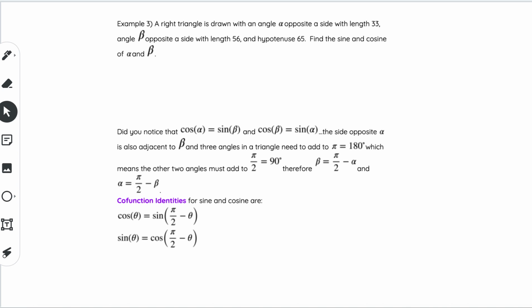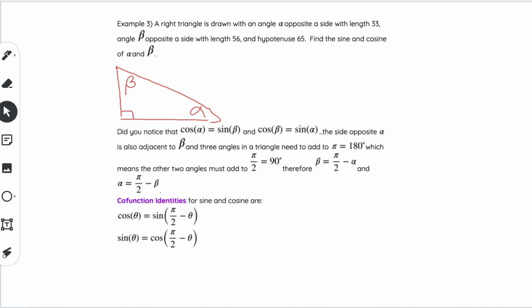Find sine and cosine of alpha and beta. So I'm just going to draw a right triangle. I'm going to call one angle beta, and one angle alpha. We know this other one has to be 90 degrees.